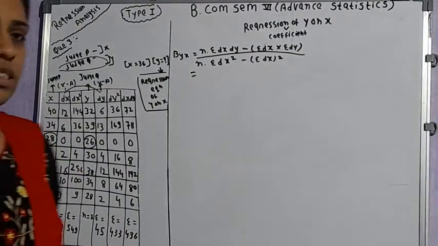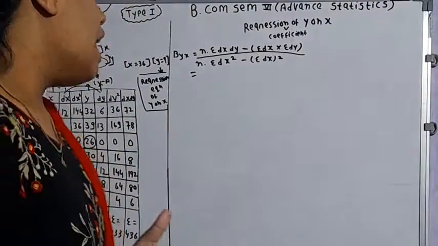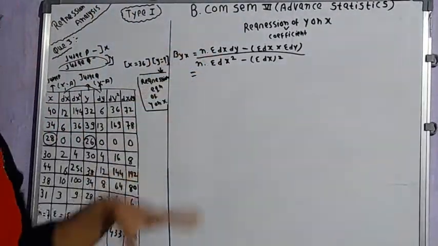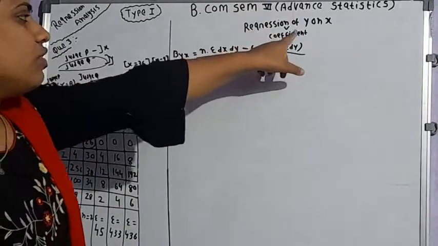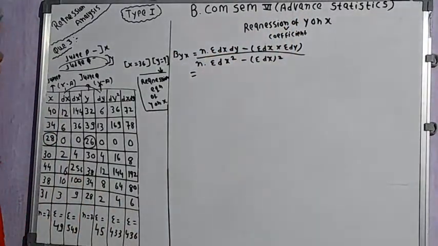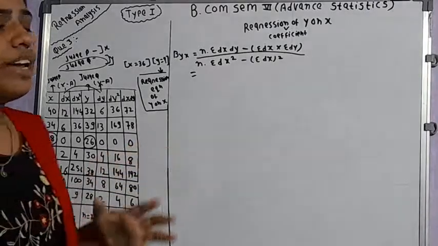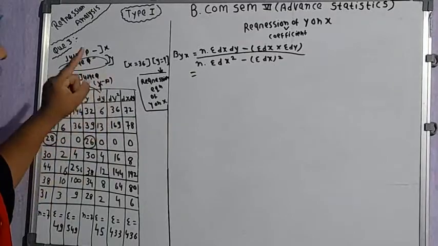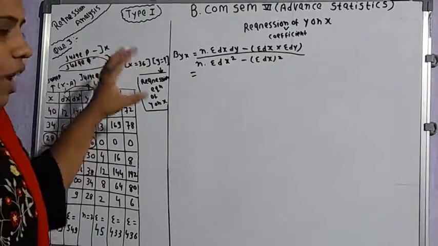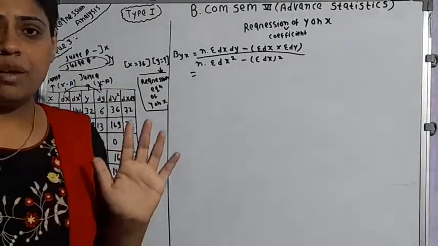Now what is the next thing that we have to do? We have to put the values from this preparation chart in the formula for finding out the regression coefficient of y on x. Why are we finding out the regression coefficient of y on x and not x on y? Because we have to find the value of variable y when the variable x is available with us.